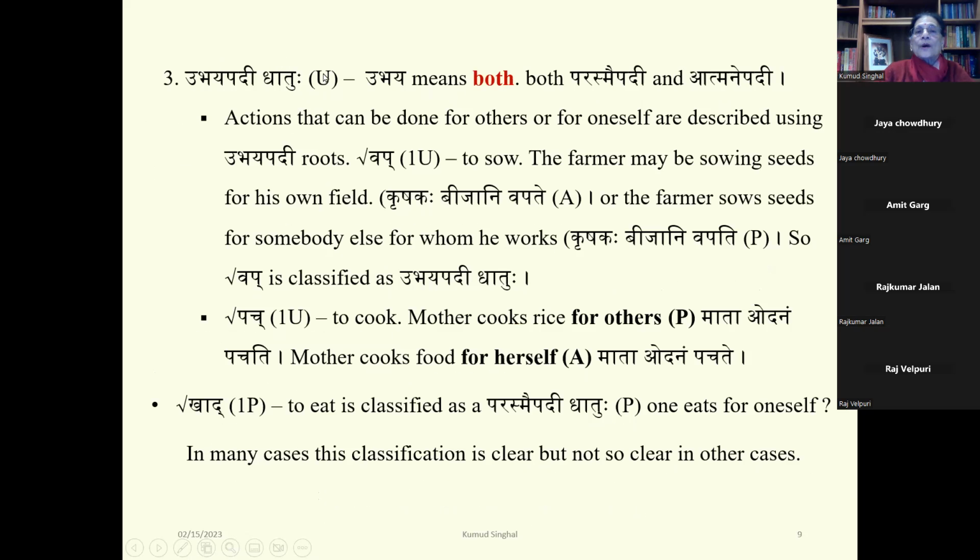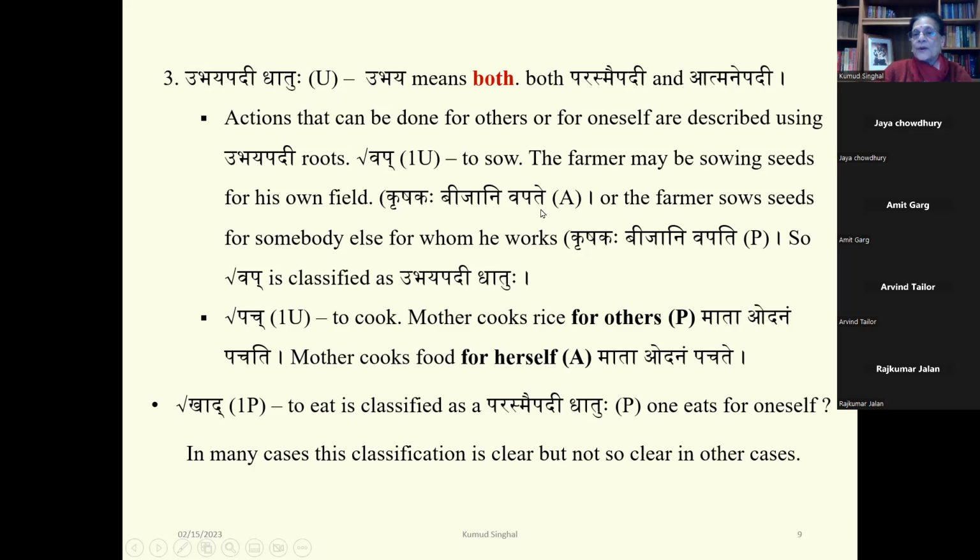So balaha shete, the boy is sleeping. Then ubhaypadi dhatu are denoted by the uppercase U, and ubhay means both. So some roots are both parasmaipadi and atmanepadi. For example, actions that can be done for others or for oneself are described using ubhaypadi roots. For example, the root vap is an ubhaypadi root, and it means to sow. So the farmer may be sowing seeds for his own field. So krishikaha bijani vapate.